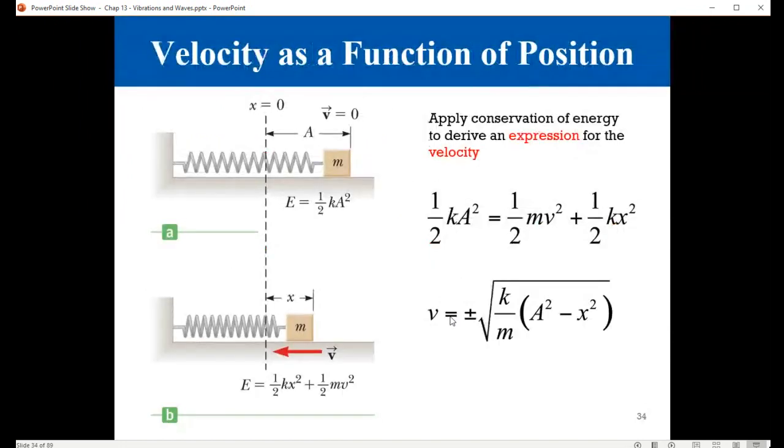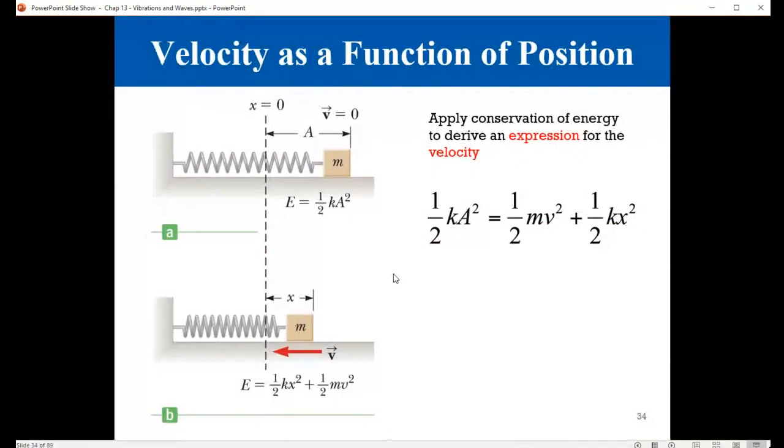Thank you, Victor. We move on to learn about the velocity for a harmonic motion, like this elastic motion, as a function of position. Based on what we learned so far, if you consider the oscillation of the mass with the spring, so here we attach the mass to the spring so it will oscillate back and forth.